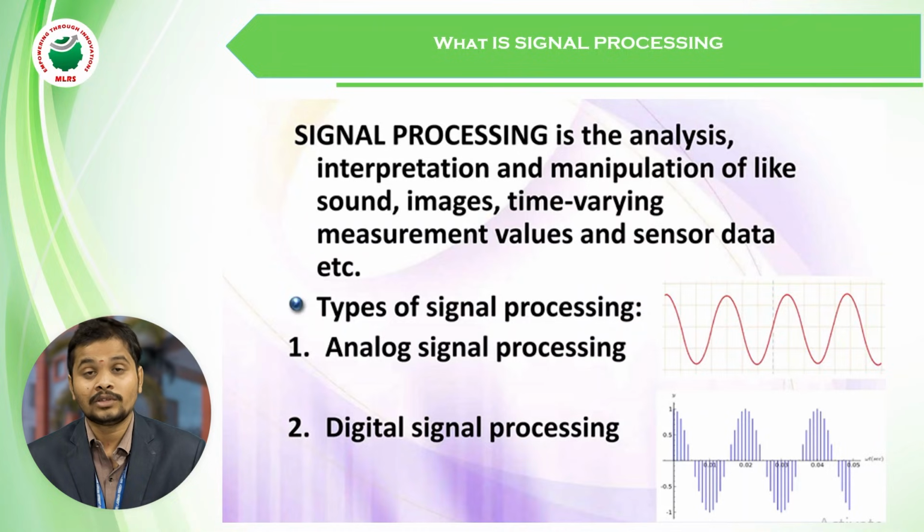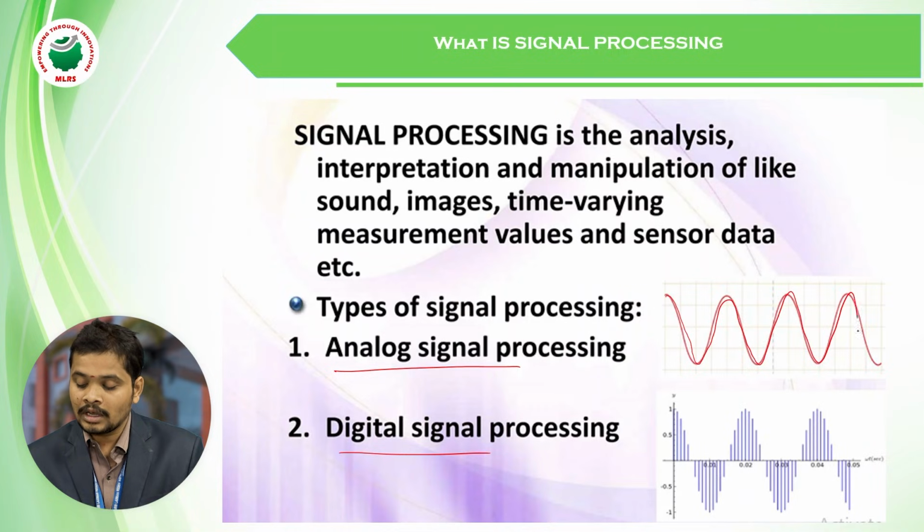In signal processing, you have analog signal processing and digital signal processing. For analog signal processing, if you see here, I have clearly given a diagram: the continuous signal. The continuous signal is used for analog signal processors, and the digital signal uses samples.